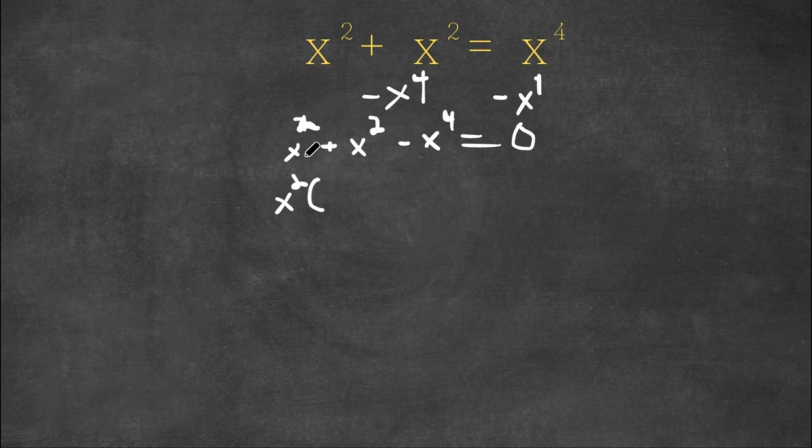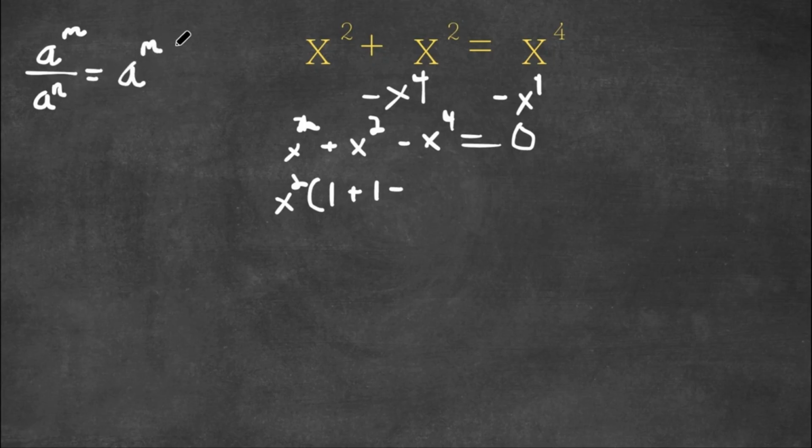times x squared divided by x squared is 1 plus x squared divided by x squared is 1 minus x to the power of 4 divided by x squared. Well, if we have something in the form a to the power of m over a to the power of n, this is equal to a to the power of m minus n.